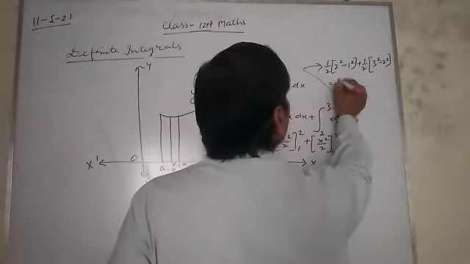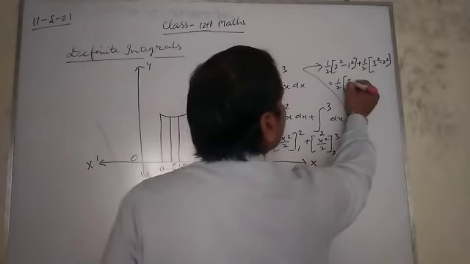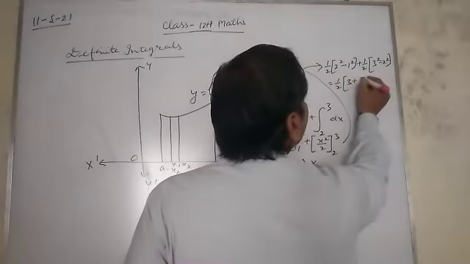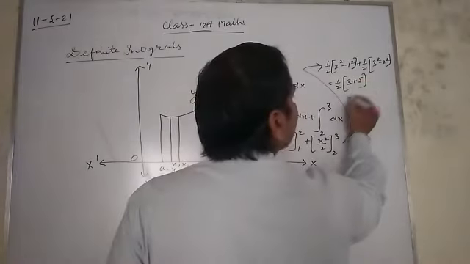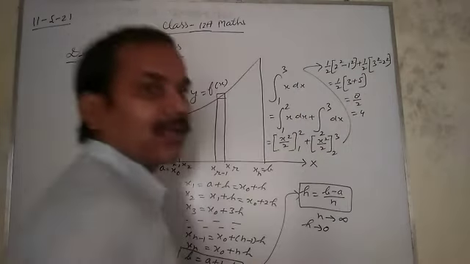Then simplify, so 1 by 2 can be taken common, and here 4 minus 1 is 3, plus 9 minus 4 is 5, so 5 plus 3 is 8, by 2 is equal to 4. Clear?